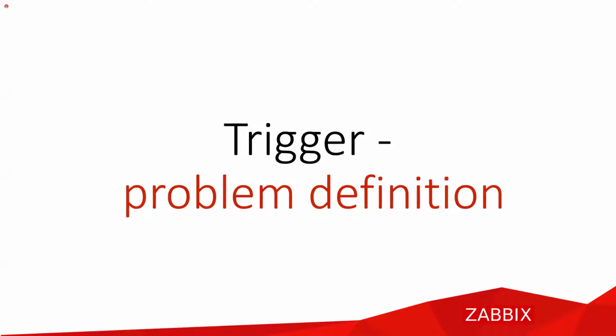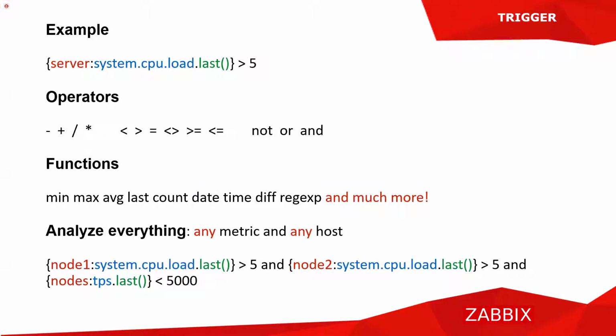A trigger itself is as simple as it might be in terms of definition. It's a problem definition. So basically, you can imagine it as some item maybe outperforming or overperforming, so the values being received are above the threshold or too much below the threshold. The simplest example that comes to mind is, of course, the CPU load.